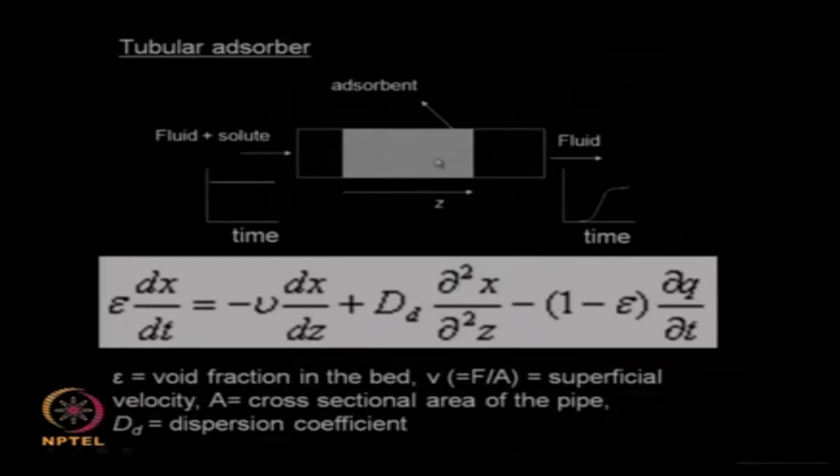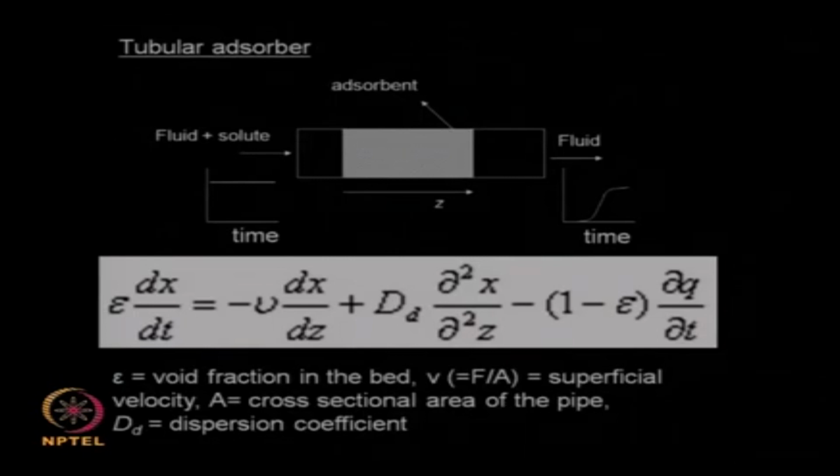As it travels, the solute gets adsorbed and the fluid is leaving with less of the solute present. So you can have a very long column, you can have very short columns depending upon the efficiency of adsorption as well as the capacity of the adsorbent to adsorb the solute.